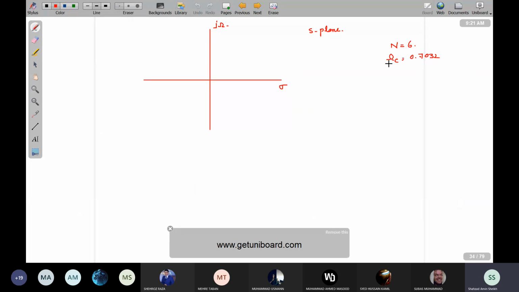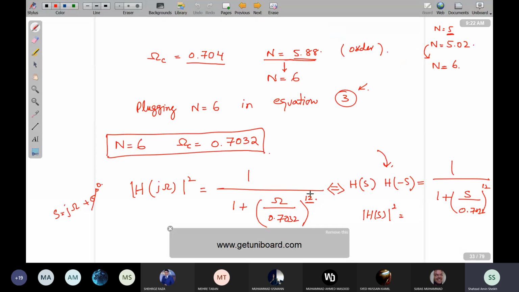अच्छा, अब all the poles, this S plane के अंदर कितने poles हैं? 12 poles हैं. 6 जो हैं वो H(s) के हैं, which is your system, और 6 जो हैं वो H(-s) के हैं.